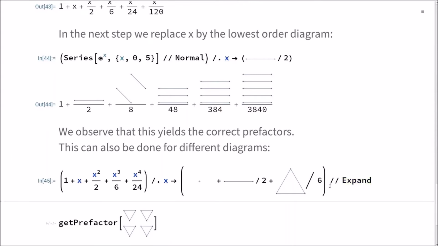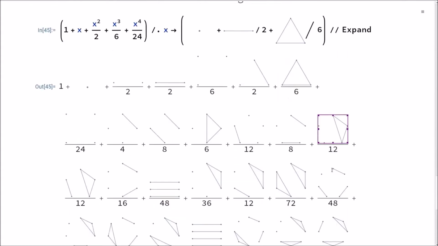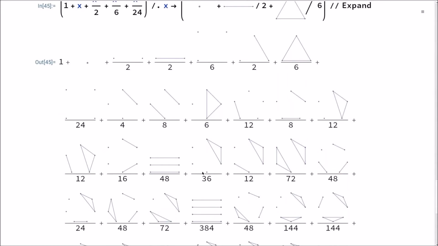And we can evaluate this. This is again possible because Mathematica now knows how to deal with the power and times functions with different diagrams. All types of diagrams are calculated here with a certain prefactor.